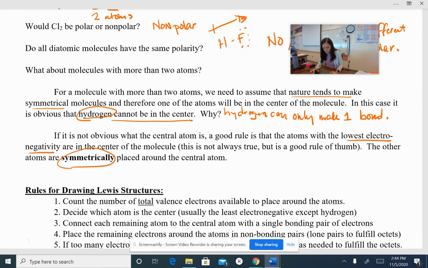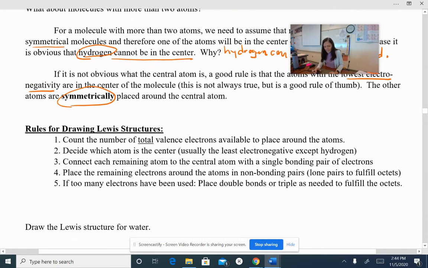So here are the rules. Count the total number of valence electrons available to place around all the atoms. Then once you have your total valence electrons, you need to decide which atom is the center. It's usually the least electronegative atom except for hydrogen. Connect each of the remaining atoms to the central atom with a single bonding pair of electrons.